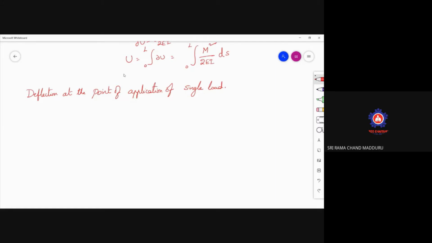So to calculate that one, what we will do is internal work done is equal to external work done.